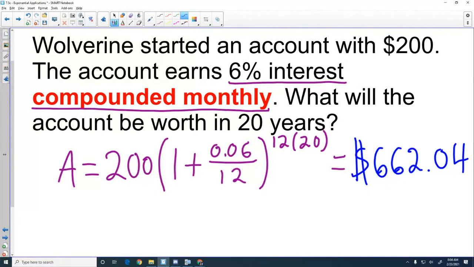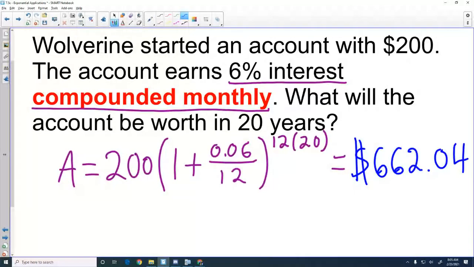0.06. So your exponent, it's only raising it to the 12th, then multiplying by 20 separately. So what you want to do when you do your exponent is do parentheses 12 times 20, close parentheses. See, like put the exponent in parentheses like that. Now hit enter. There you go.